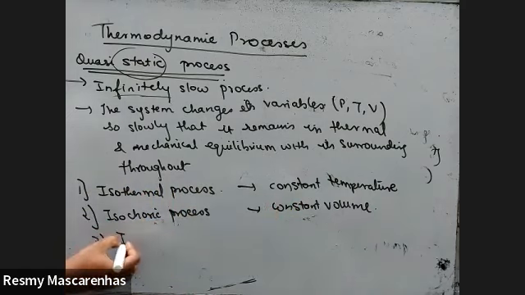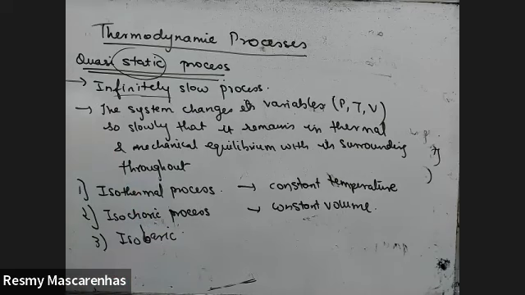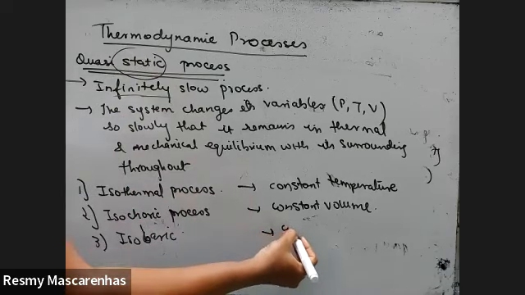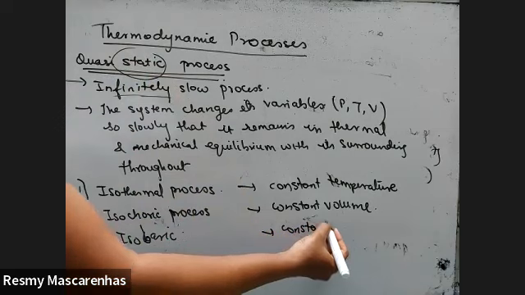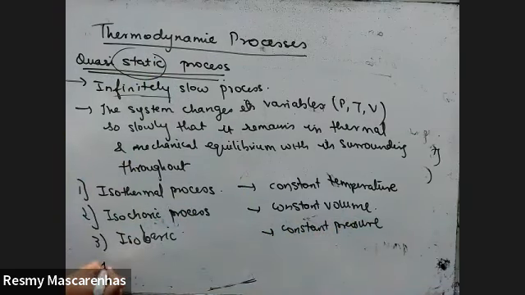Then is isobaric. Isobaric, you can say, is at constant pressure. Fourth one is adiabatic.